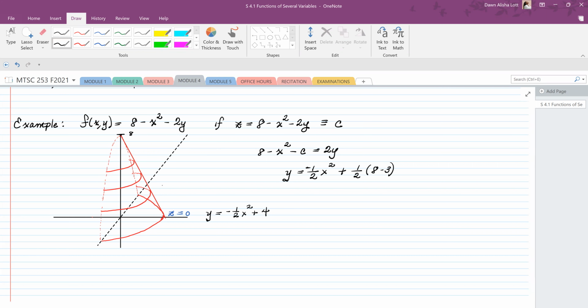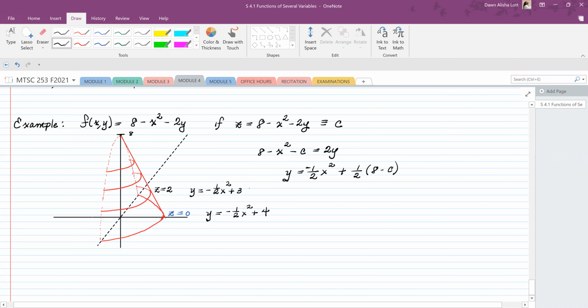And if z is equal to 2, then I'll get y equals negative 1/2 x squared plus 3.